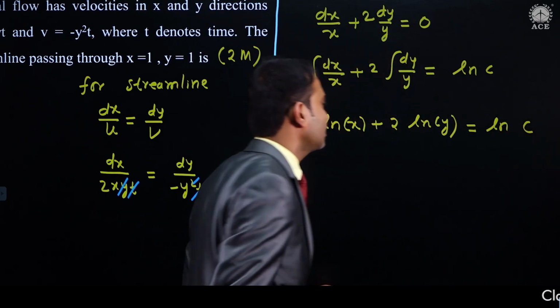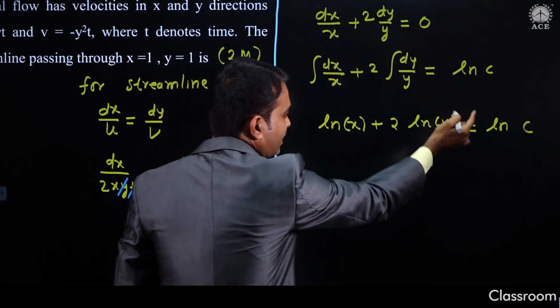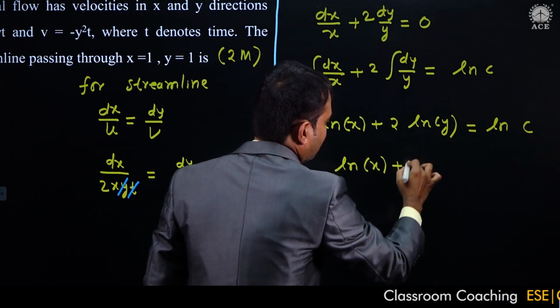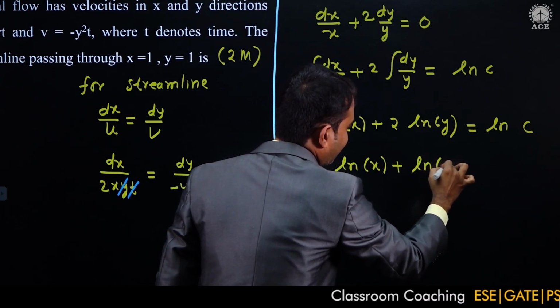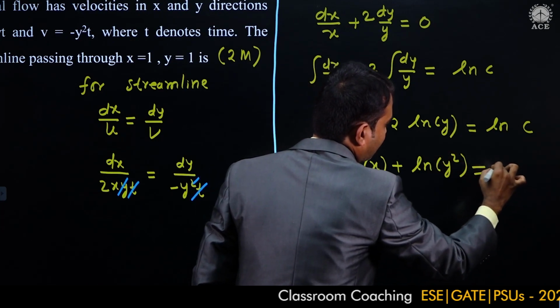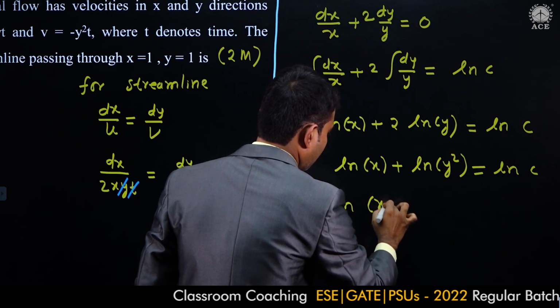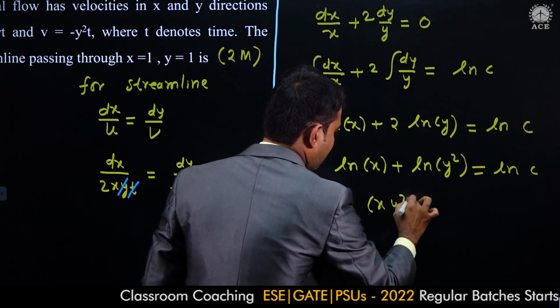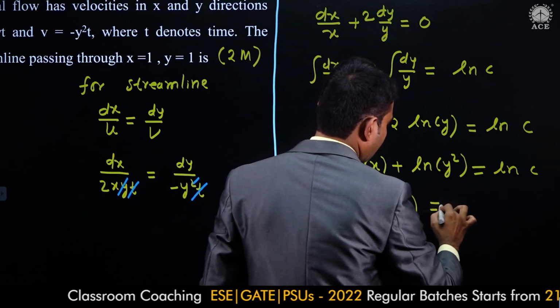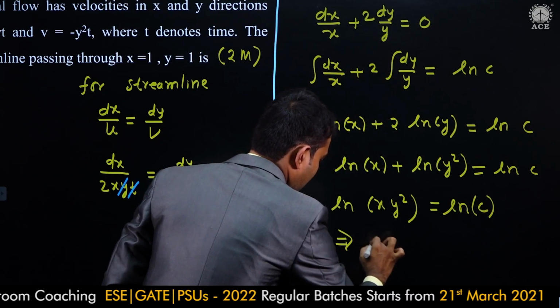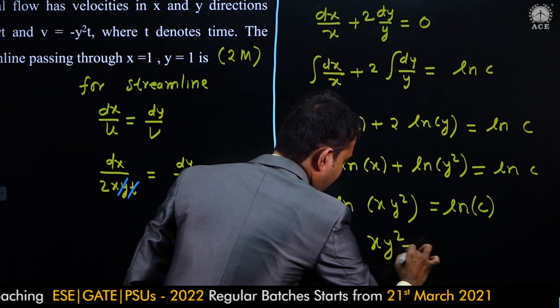Take this inside the log: when the 2 goes inside the log it becomes the power of y. So ln of x y² equal to ln of c. This implies xy² equal to c.